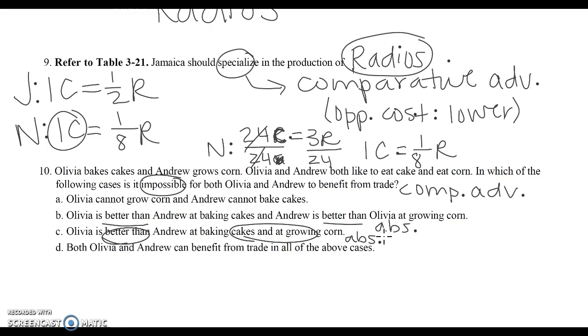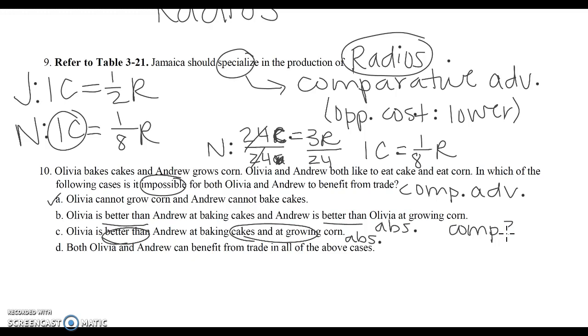D says both Olivia and Andrew can benefit from trade in all of the above cases. So we said that Olivia cannot grow corn and Andrew cannot bake cakes, but they could still trade as long as they grow the thing that they're good at. So that is a possible trade. Olivia is better than Andrew at cakes and corn, and Andrew's better at corn. That's absolute. We don't know on the comparative here, so we don't know if they can trade or not.